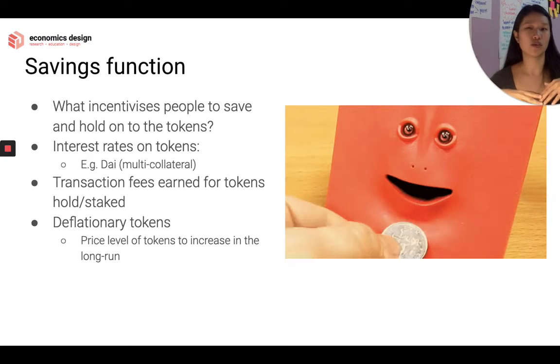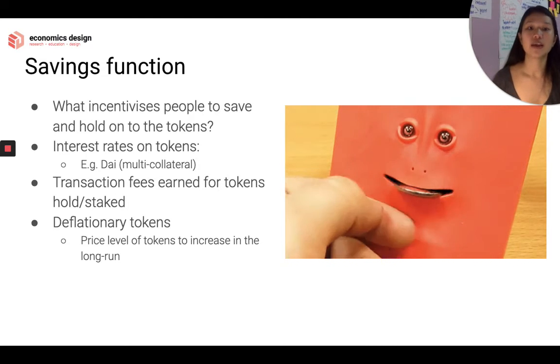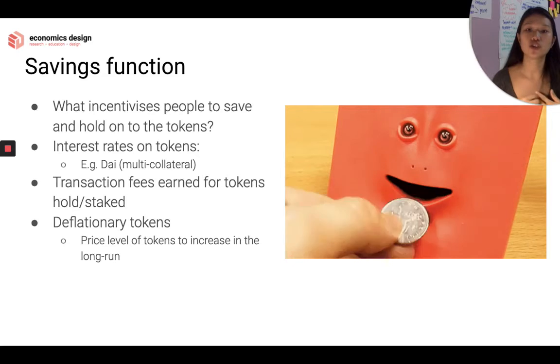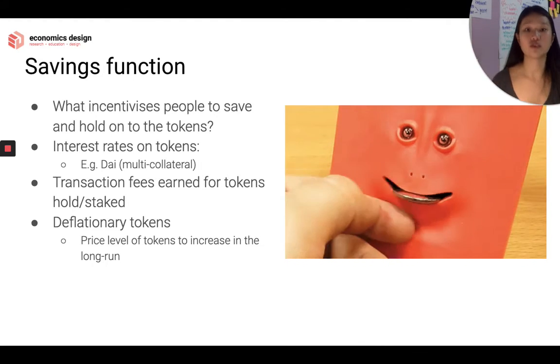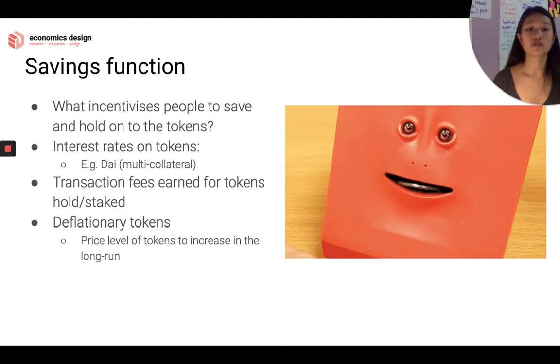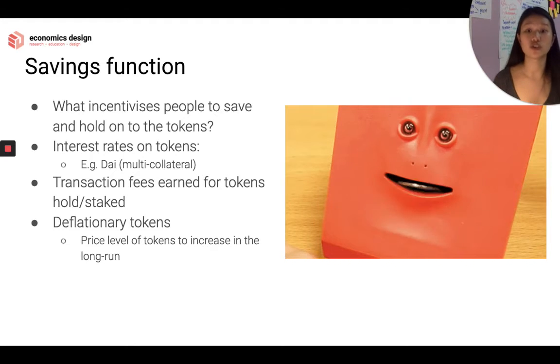People are probably going to want to sell all the tokens, and how can you incentivize them to continue holding on to your tokens so that they can gain more as the ecosystem continues to grow? Or if it's growing too fast, what can you do to make sure that people don't sell so quickly and instead save and hold on to the token?